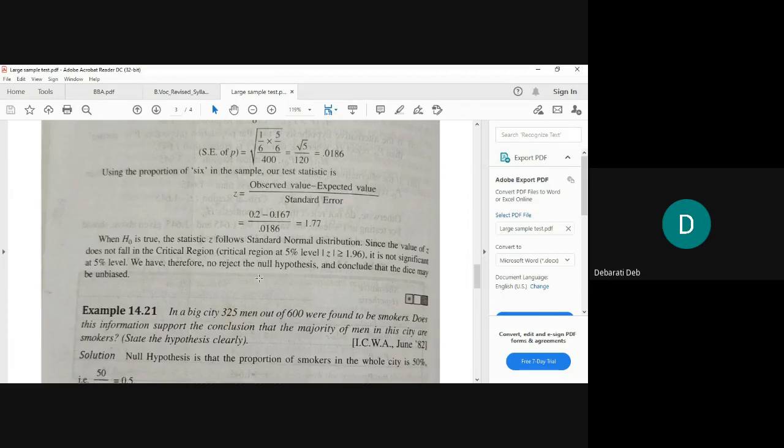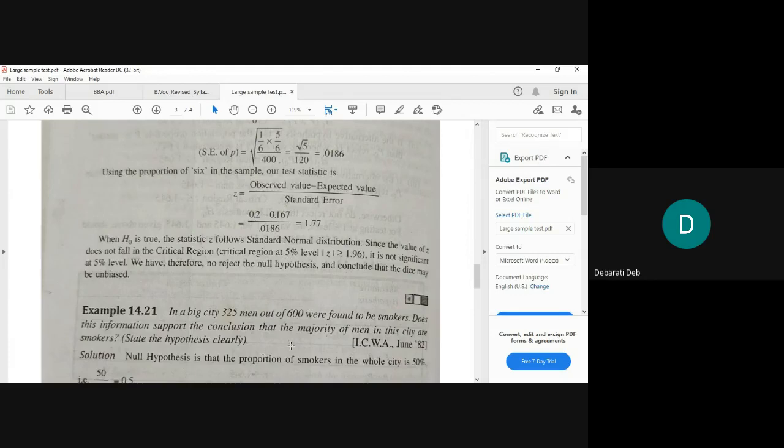Or you can write this line properly, as this has a grammatical error. You write, therefore, we do not reject the null hypothesis, and therefore we accept the null hypothesis and conclude that the dice is unbiased.